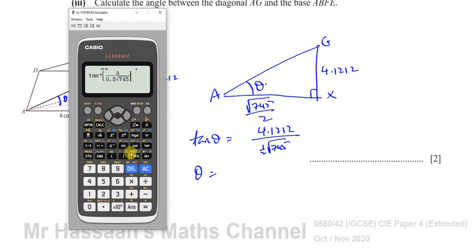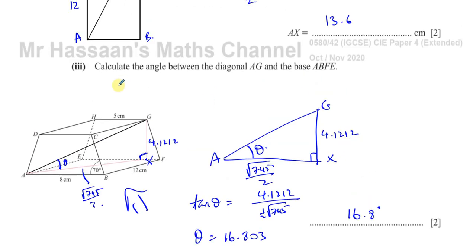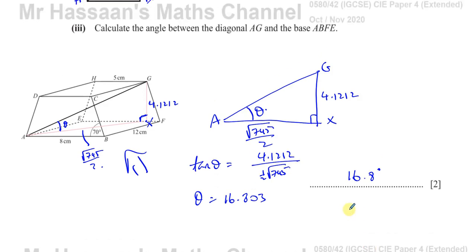And that should give me my angle, which is 16.803, which is 16.8 degrees to 1 decimal place, as angles should be given unless otherwise specified.